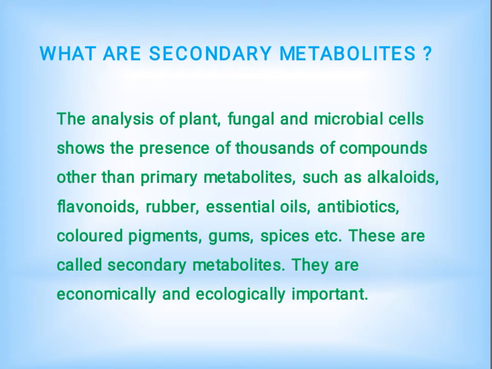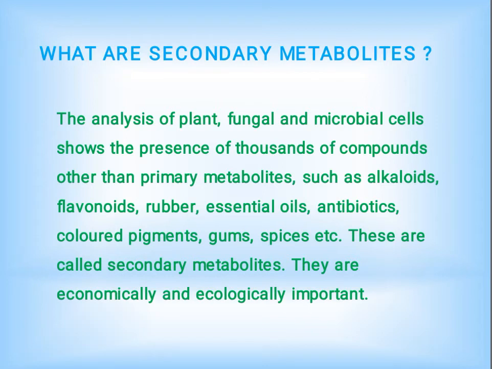First of all, we should know what secondary metabolites are. The analysis of plant, fungal and microbial cells shows the presence of thousands of compounds other than primary metabolites. All these compounds, such as alkaloids, flavonoids, rubber, essential oils, antibiotics, pigments, gums and spices, are called secondary metabolites.